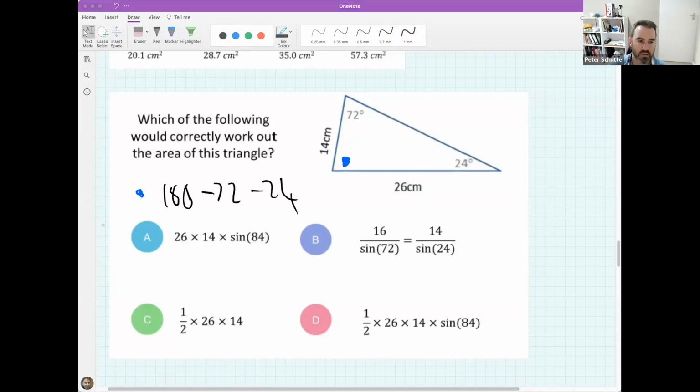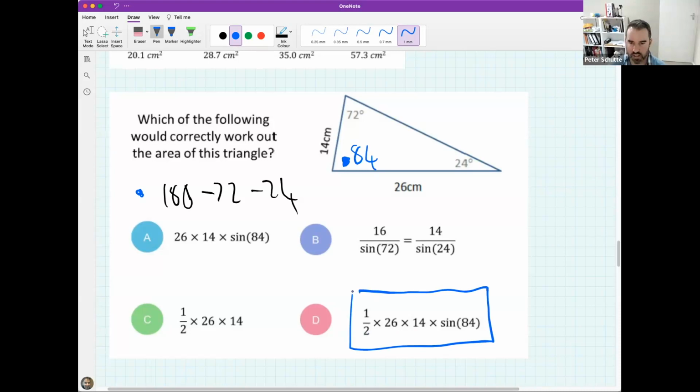What does that give me for that angle? 180 minus 72 minus 24, and we should get 84. Once we've got that 84, life is a bit easier because we should be looking for a half times 26 times 14 times sine 84, which is D over there.